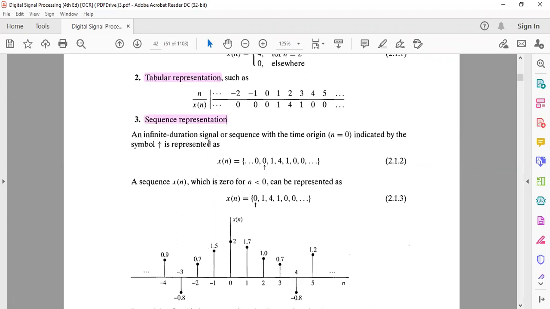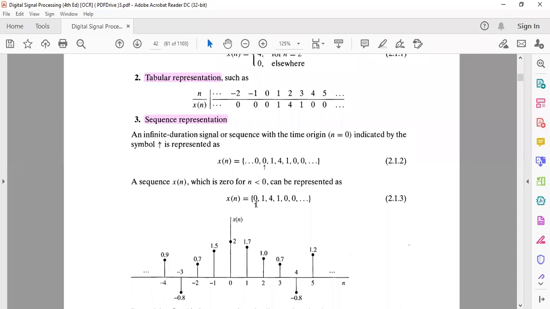An infinite duration signal or sequence with a time origin n equal to 0 indicated by the symbol, this arrow facing upwards, would be represented here as xn equivalent to 0, 0, 1, 4, 1, 0, 0, and we have the arrow at the point where you have n equal to 0. This is sequence representation. So a sequence xn, which is 0 for n less or equal to 0, can be represented this way.